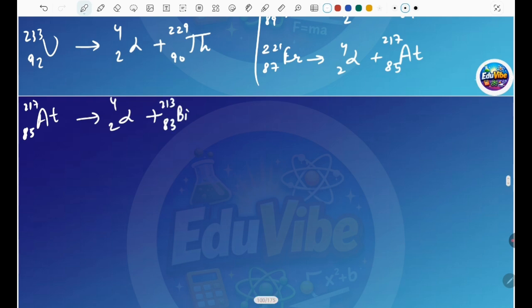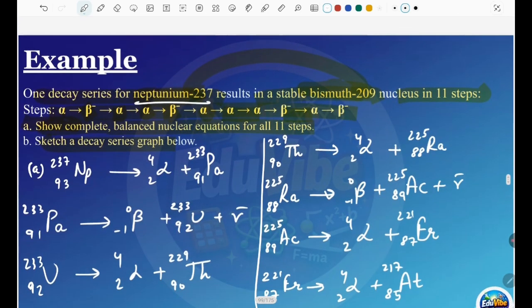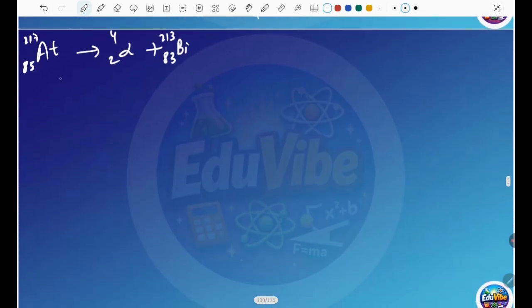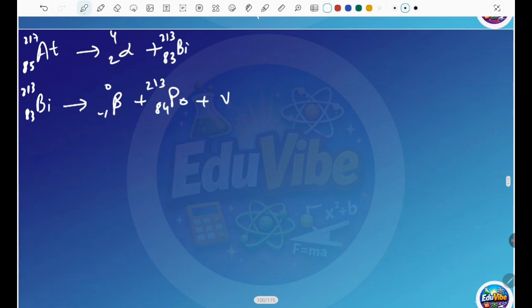You can start doing this and there are 11 steps to reach over this thing. Again we have Bi-213, 83. This is going to beta negative decay. You get 213, 84 plus the antineutrino.